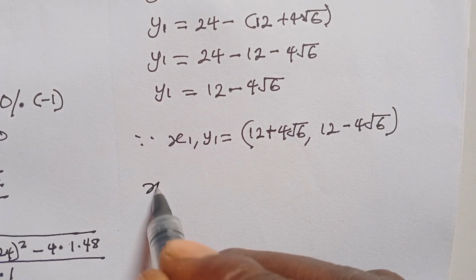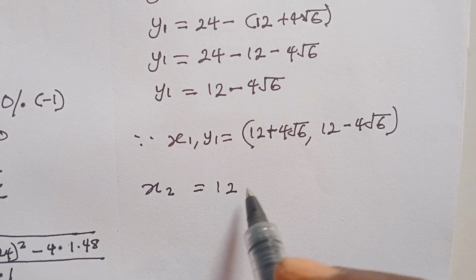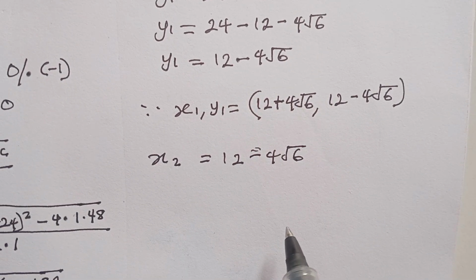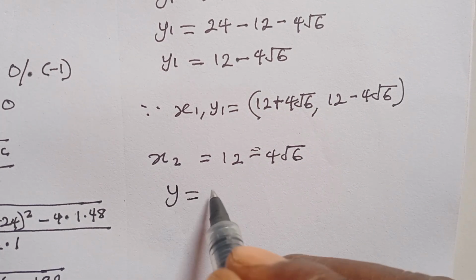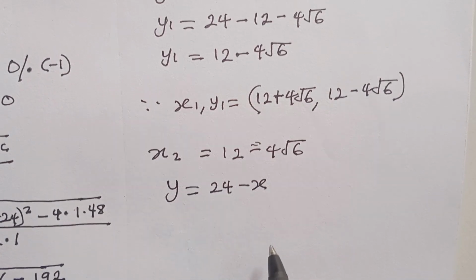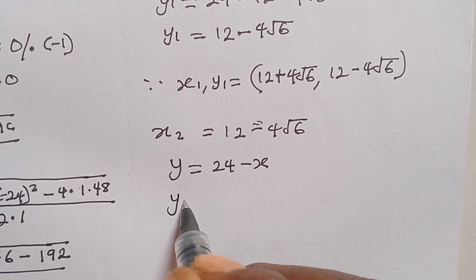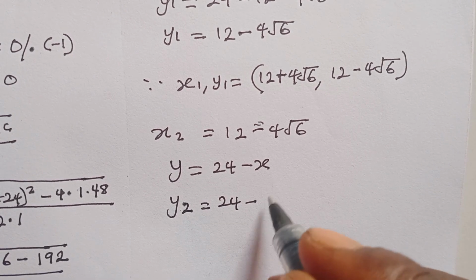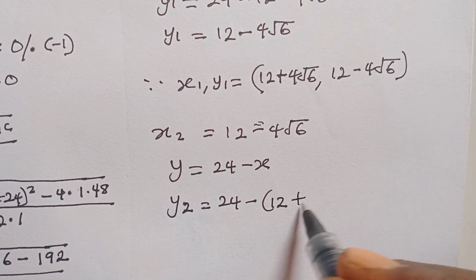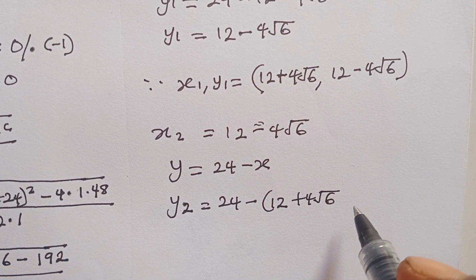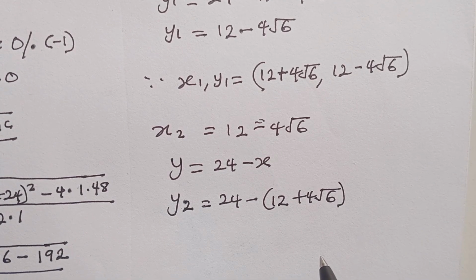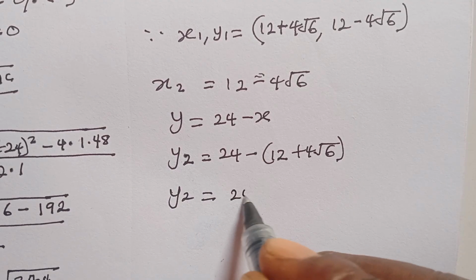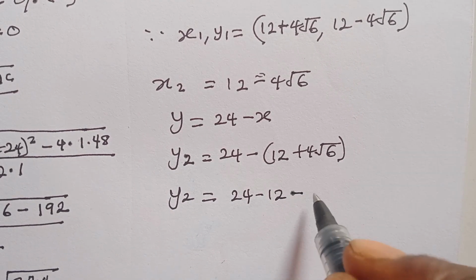So we now find the value of y2. So this is our x2. X2 is 12 minus 4 square root of 6. So we want to find the value of y2. So y generally is 24 minus x. So we now substitute for the value of x2. Y2 will now be 24 minus the value of x2, which is 12 minus 4 square root of 6. I just made a mistake there, so that's minus, and I will change it later. So our y2 will now be equal to 24 minus 12, so plus.